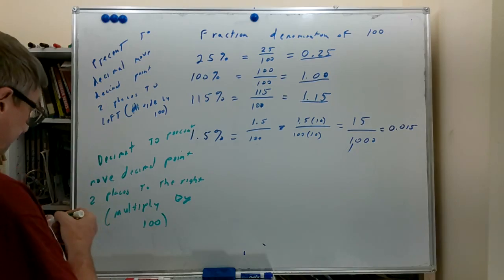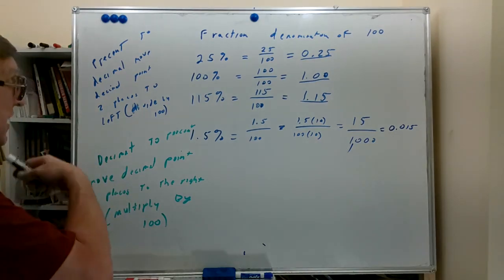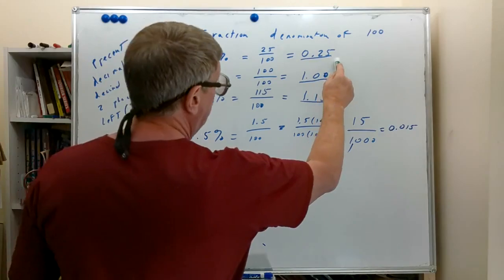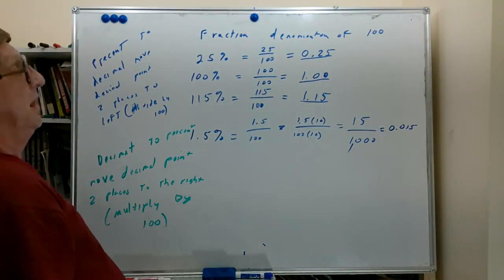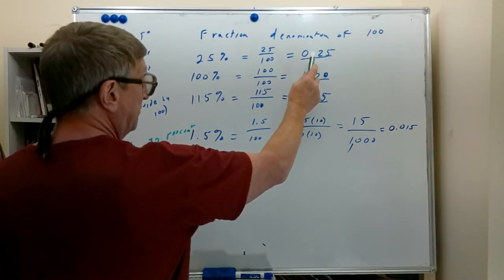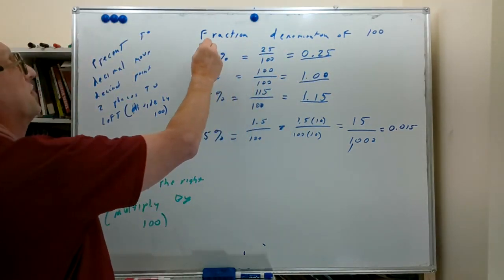So if we take our decimal version, 0.25, and move the decimal place 2 places to the right, it becomes 25, which gives us our percent.